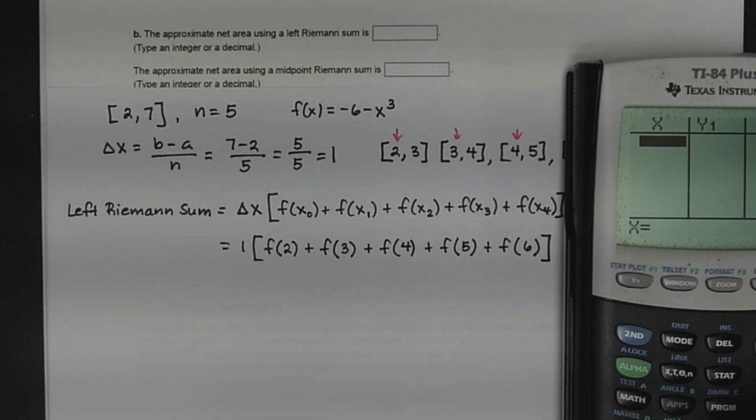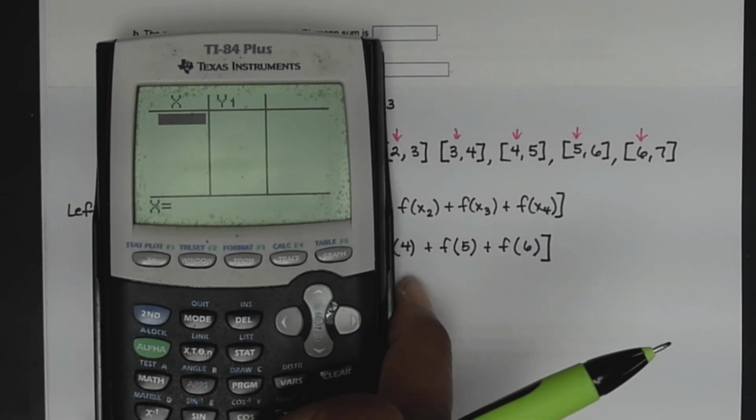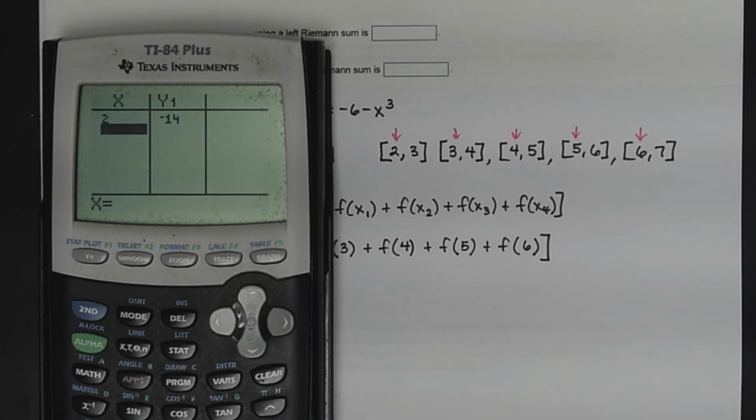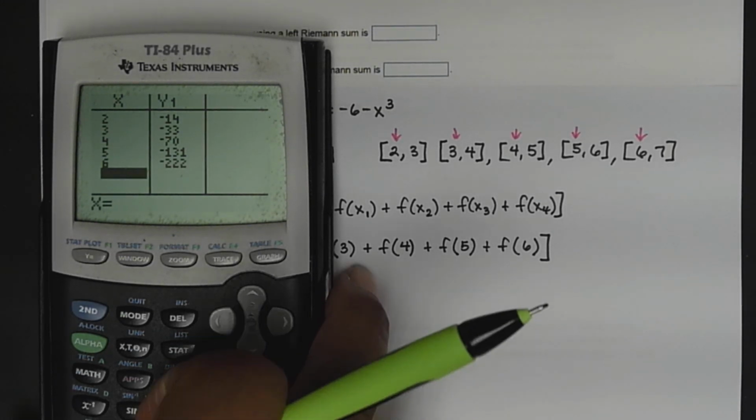Here I'm starting off with 2. If I let x equal 2, type in 2, that's negative 14. x equals 3, I get negative 33. Type in 4, you get negative 70. Type in 5, you'll get negative 131. Type in 6, you'll get negative 222.